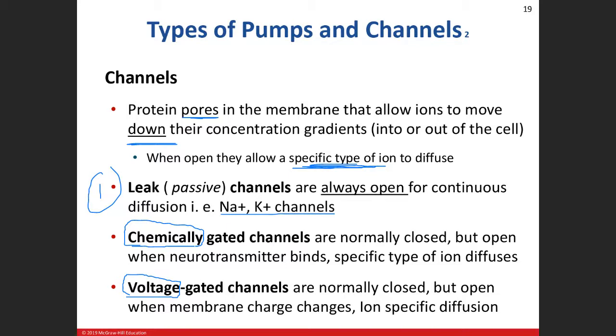So in your minds right now, if you're dealing with a chemically gated channel or voltage gated channel, consider those channels to be closed. When they're closed, nothing's moving across. So when we talk about a chemically gated channel, we need a chemical to open up that channel, and when we do, that channel opens up and an ion or some sort of substance can move across the channel.